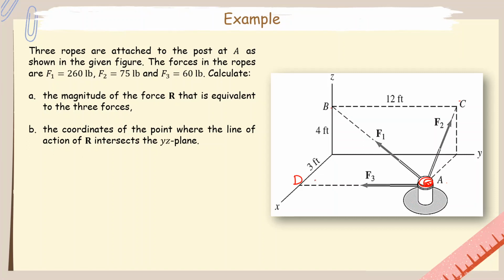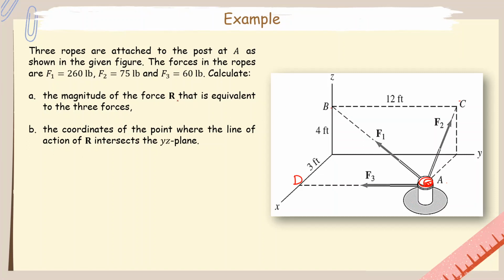The forces in the ropes are F1 equal to 260 pounds, F2 equal to 75 pounds, and F3 equal to 60 pounds. So, calculate first the magnitude of the force R that is equivalent to the three forces. So, what is the equivalent of the three forces? We call that R or the resultant.